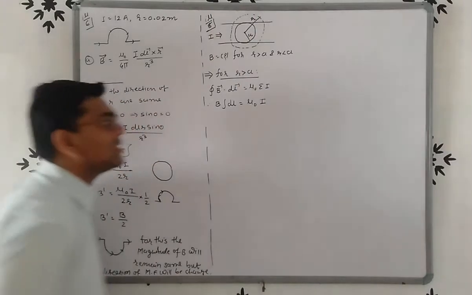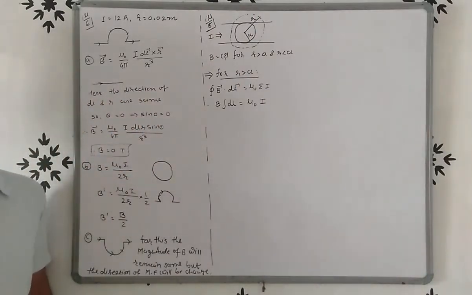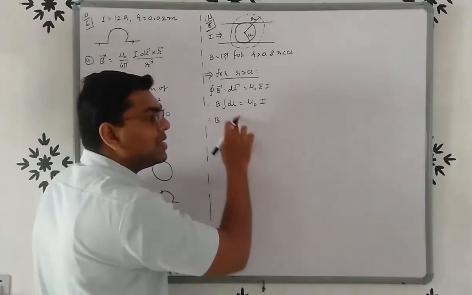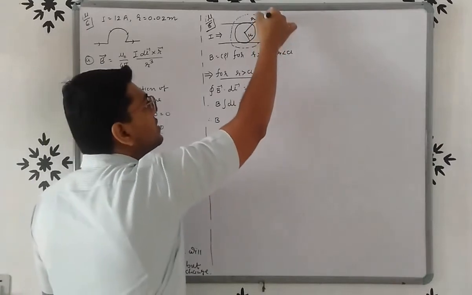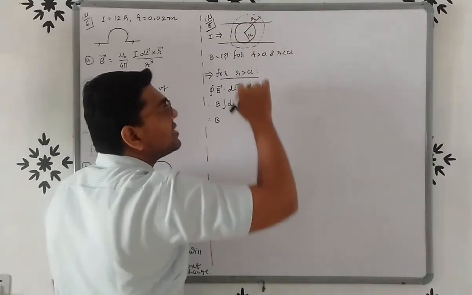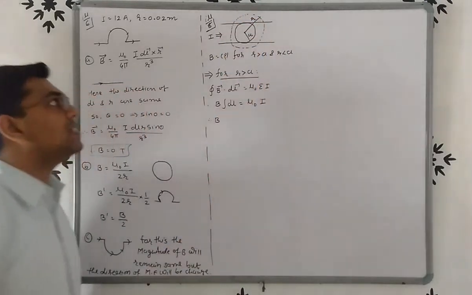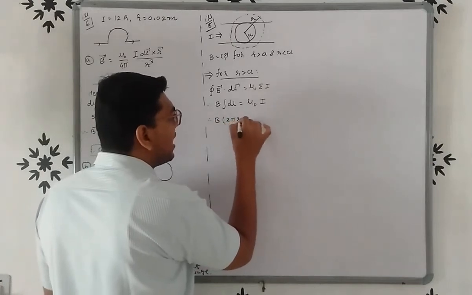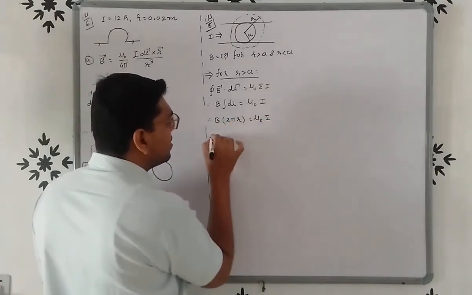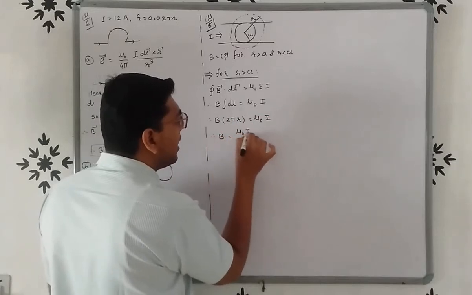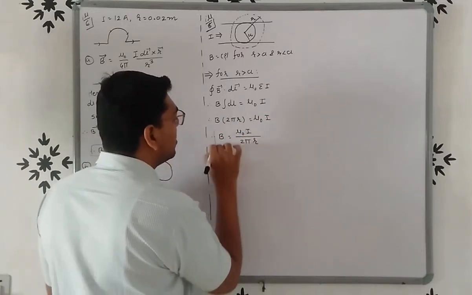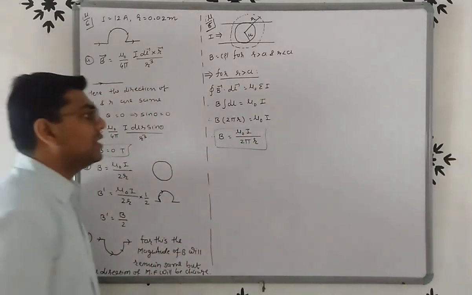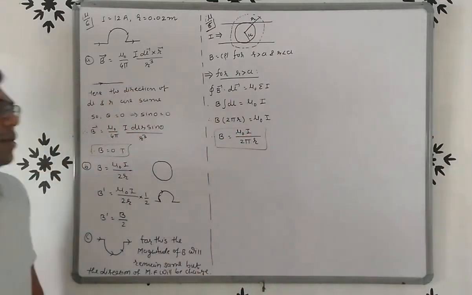So the total current passing through this cross section of radius r is I. B times the integration of dl, that means the total length, which is the circumference, 2 pi r. So B times 2 pi r is equal to mu 0 I. So B is equal to mu 0 I upon 2 pi r. So if r is greater than A, then B is equal to mu 0 I upon 2 pi r.